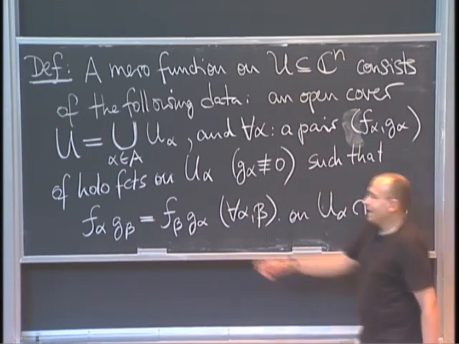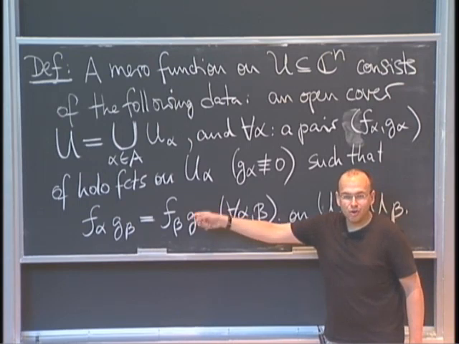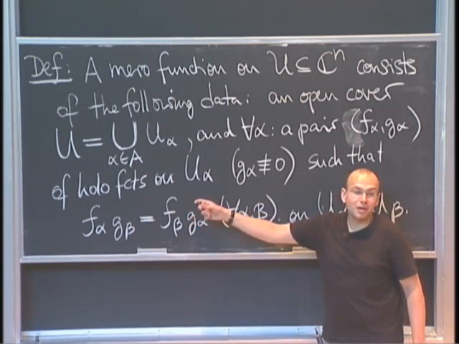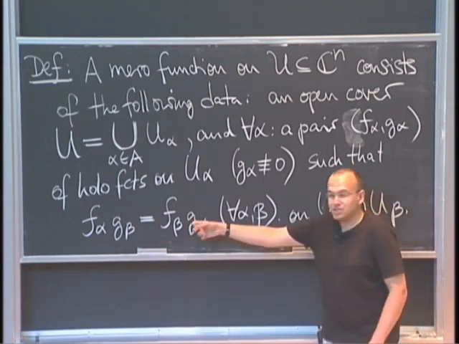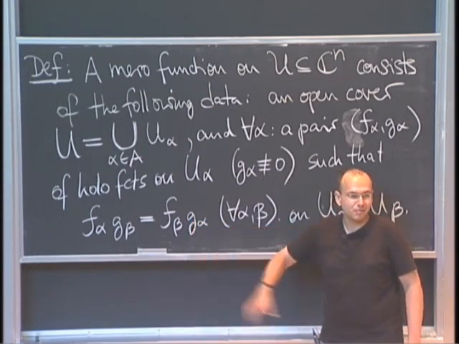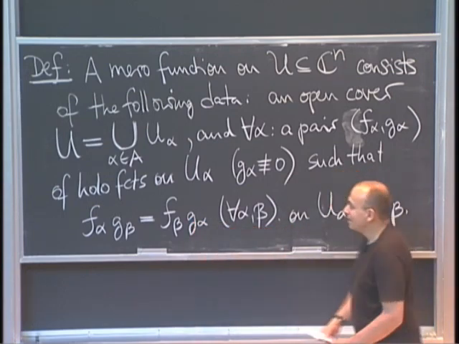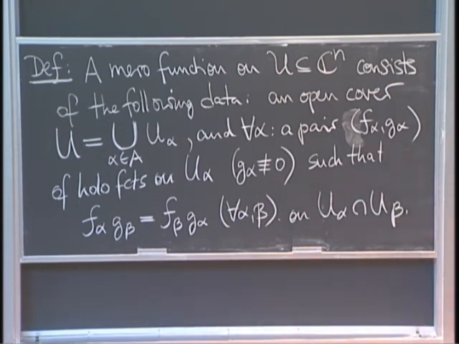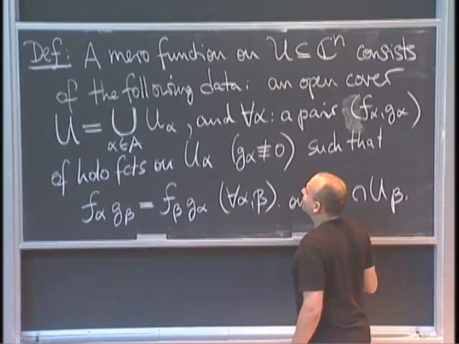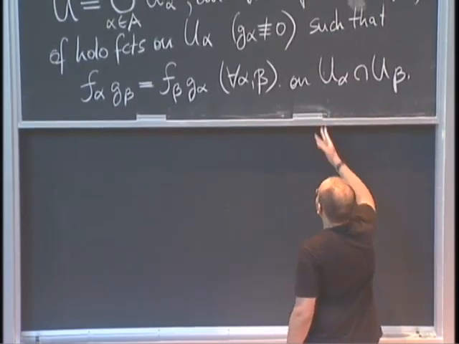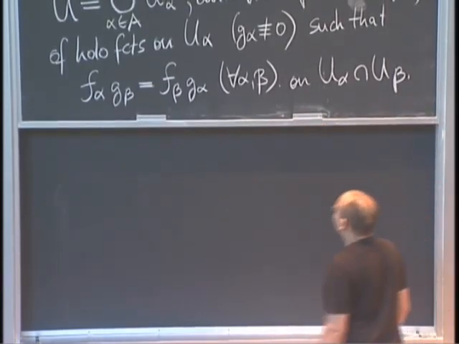I don't want to call this a function because it can have singularities, and the singular set, which is locally the zero set of the denominator, can have a complicated structure. You can see the monster of sheaf theory rearing its head. So that's a sheaf theoretic definition. Hope I won't have to talk about sheaf theory anymore.